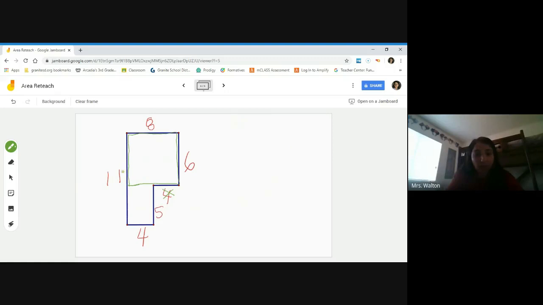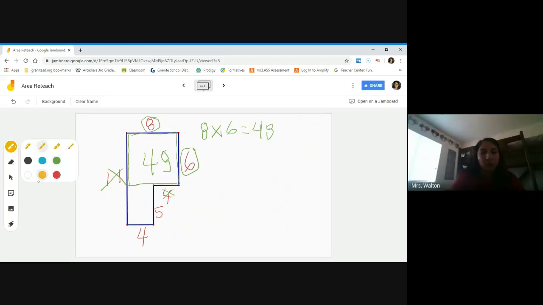It's not just this little tiny piece I made, so we can't use that one. But we can use 8 and 6 because this whole side here is 8, this whole side here is 6. So I'm going to multiply 8 times 6 to find my rectangle there. 8 times 6 is 48, so I know that the area of my green rectangle is 48.